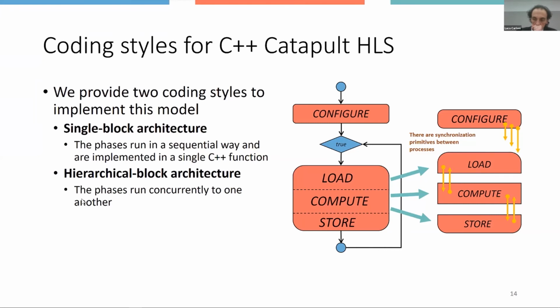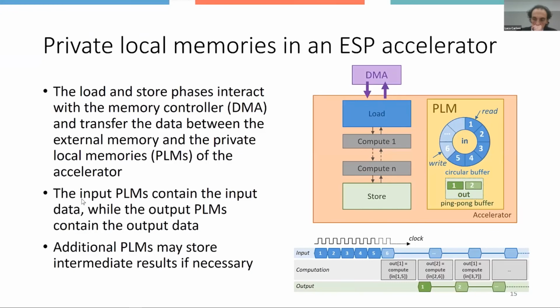Finally, let me also stress the importance in an ESP accelerator of private local memories, PLMs. In particular, the PLMs allow the accelerator to load and store data, to interact with the external world, with the main memory in particular, via the DMA controller. We have input PLM, we have output PLM, and we have additional private local memory when those are necessary.